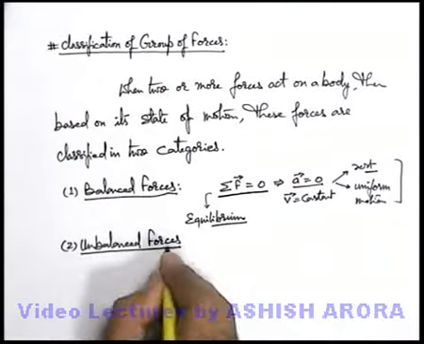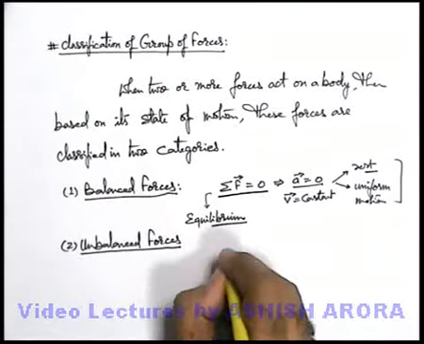If we talk about unbalanced forces, it simply states that the net sum of all forces acting on the body is non-zero. If the net force acting on the body is non-zero, we can simply state the body will be in accelerated motion.